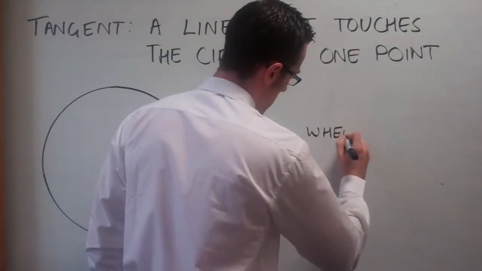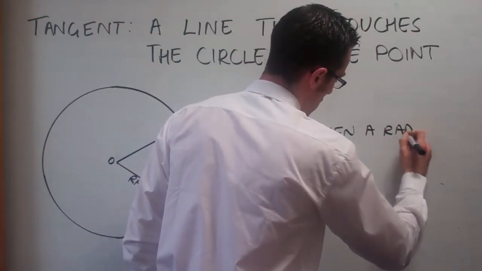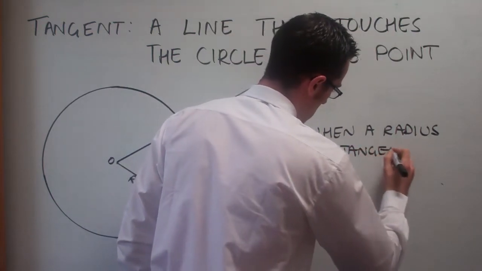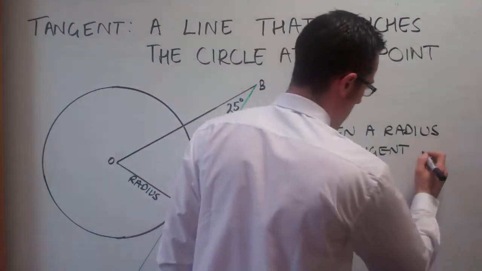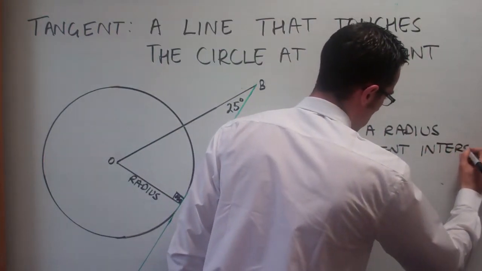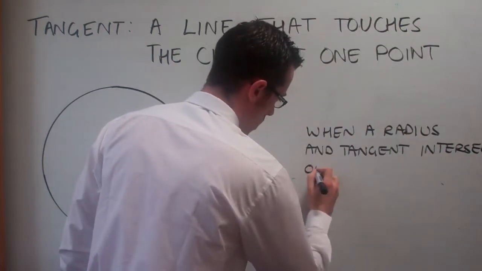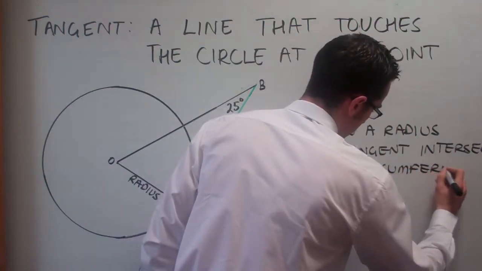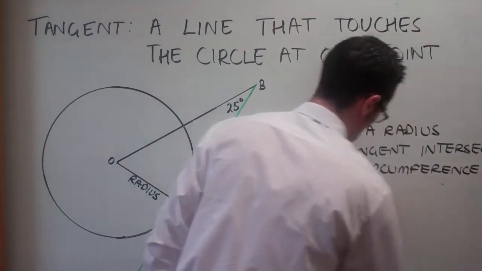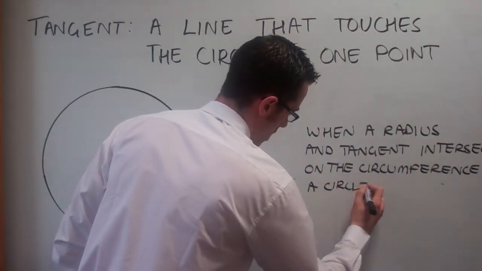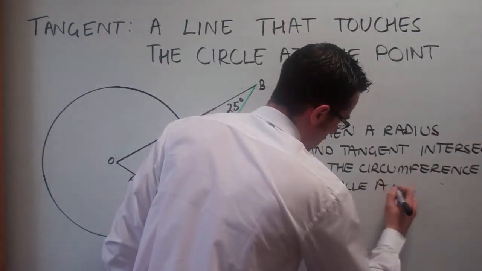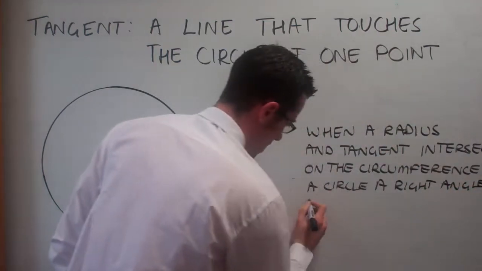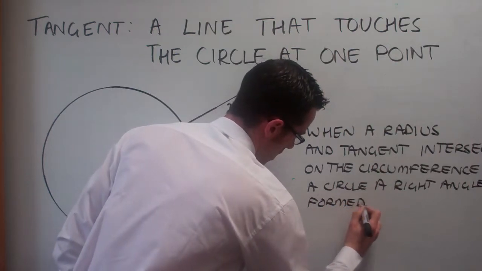So we're going to write: when a radius and tangent, and we'll use a fancy math word, we'll say intersect, on the circumference of a circle, a right angle is formed.